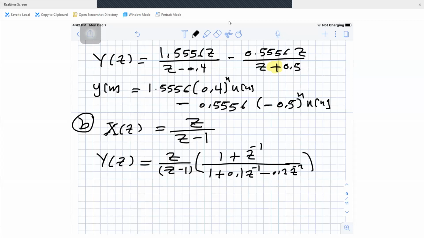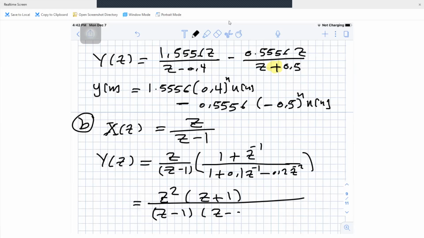Okay, this will be the equation. Now you can simplify the equation more by multiplying by z squared, and you can get the following: z squared multiplied by (z + 1) divided by (z - 1)(z - 0.4)(z + 0.5).